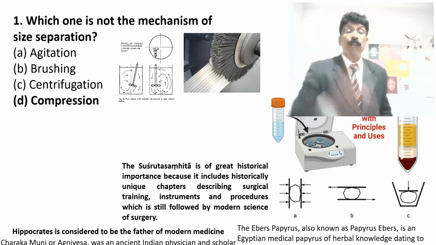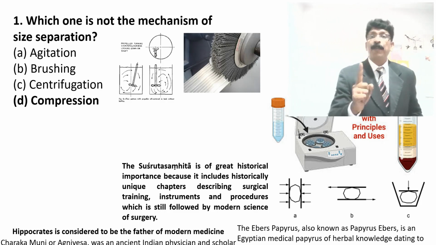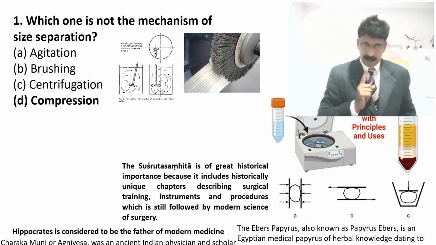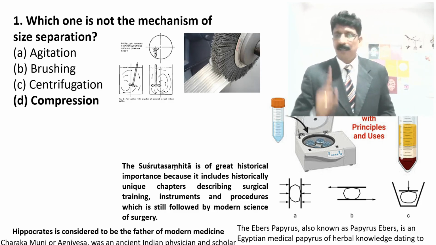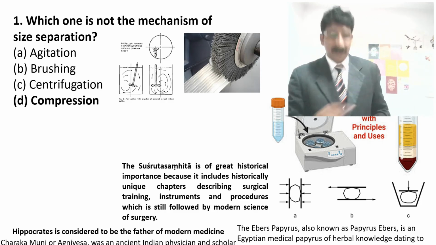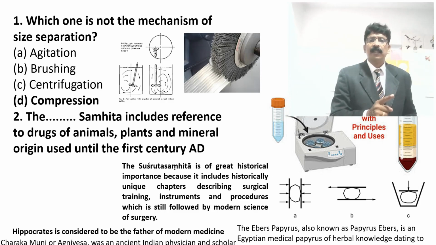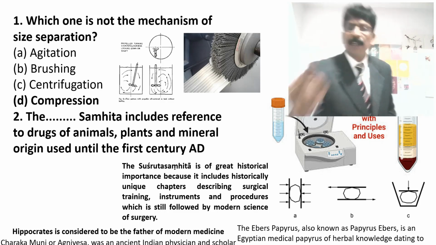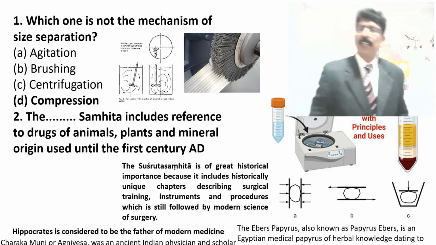So in this question the answer is compression. Why? Because compression is not a size separation mechanism. It is a size reduction mechanism. You can see the compression picture I have shown and the centrifugation picture I have shown.